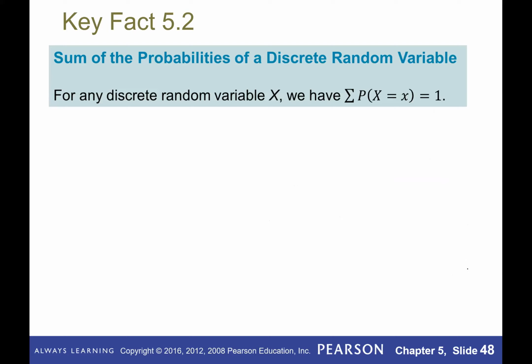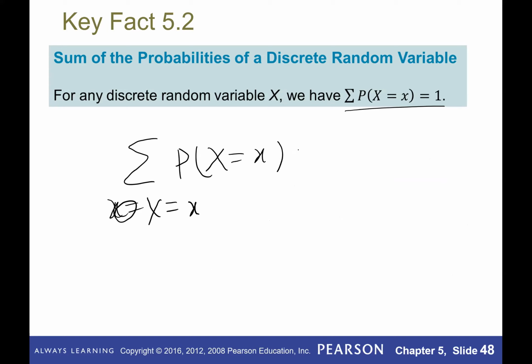Okay, so the sum of the probabilities of a discrete random variable: we already discussed this one. The sum of P(X = x) over all x is 1. We already know that the sum of the probabilities for a discrete random variable is always equal to 1.